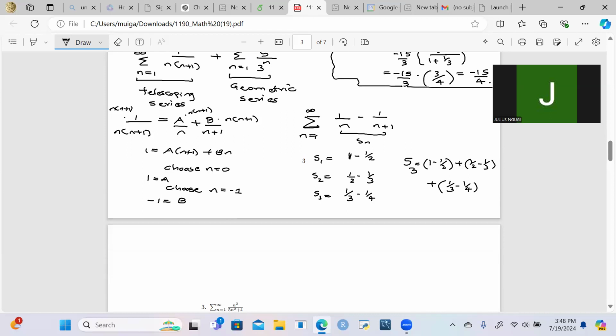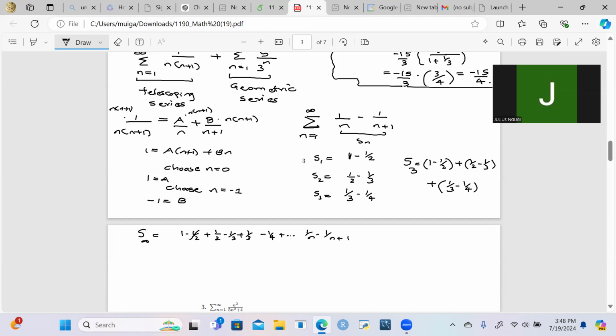So we have, in that case, s, the sum of all of them. Let me write s with infinity: it should be 1 minus a half, added to the second one, a half minus a third, added to the other one, a third minus a quarter. The last one will be 1 over n minus 1 over n plus 1.